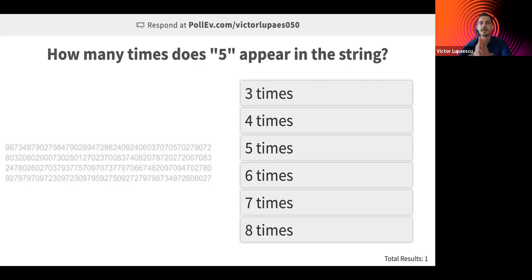And the question is, how many times does 5 appear in the string? I'll give you more than 30 seconds for this question, as it takes time for you to open the browsers again to start and count the time, how many times the 5 appears.